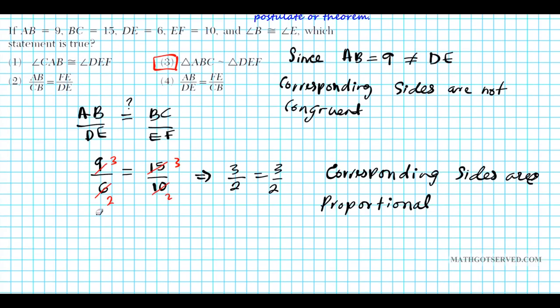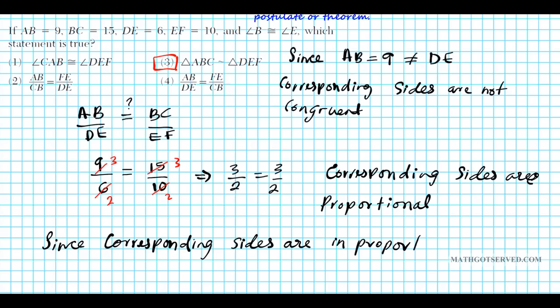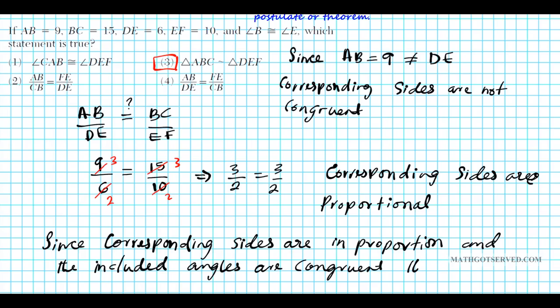All right, so there goes your answer. Let me just write down the concluding remark. Since corresponding sides are in proportion, and the included angles are congruent, what's the conclusion?